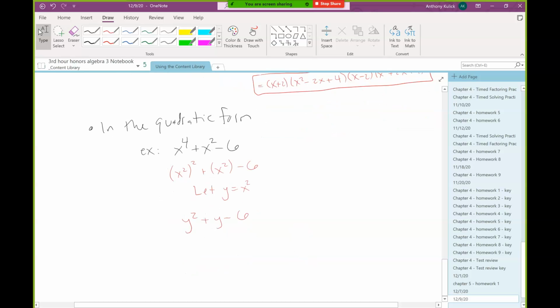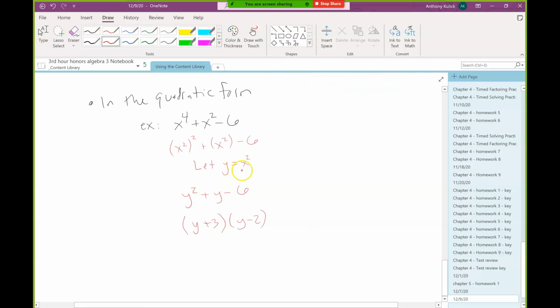So if I factor y squared plus y minus 6, that's something that I could use one of our factoring shortcuts on. The two numbers that multiply to give me negative 6 and add to give me 1 are positive 3 and negative 2. And then we'll make our substitution back in.